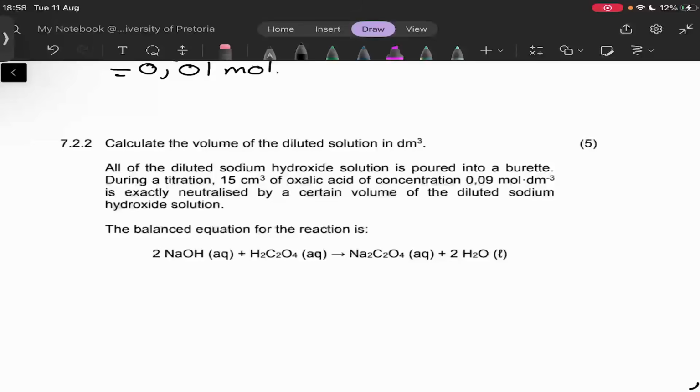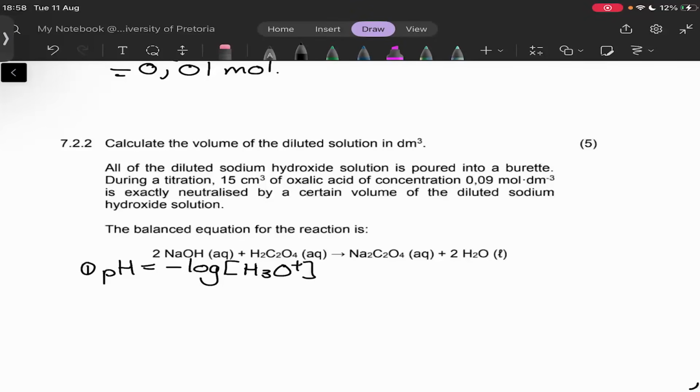So when given a question like this, I think of it as a 4-step question. Number 1, I need to remember that my pH is equal to the negative log of my concentration of H3O plus.